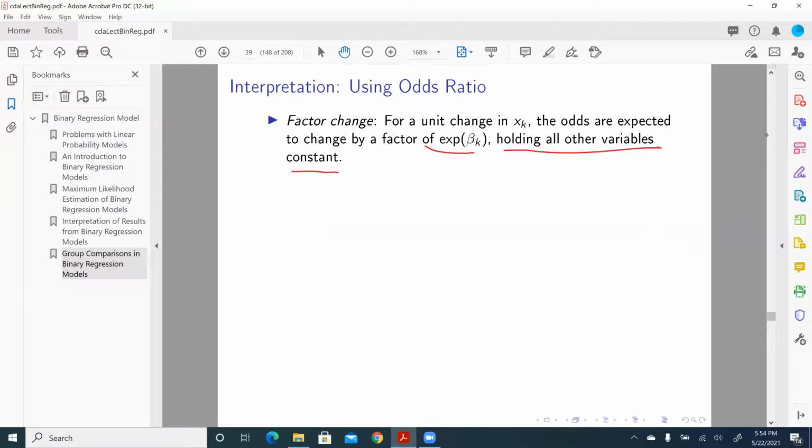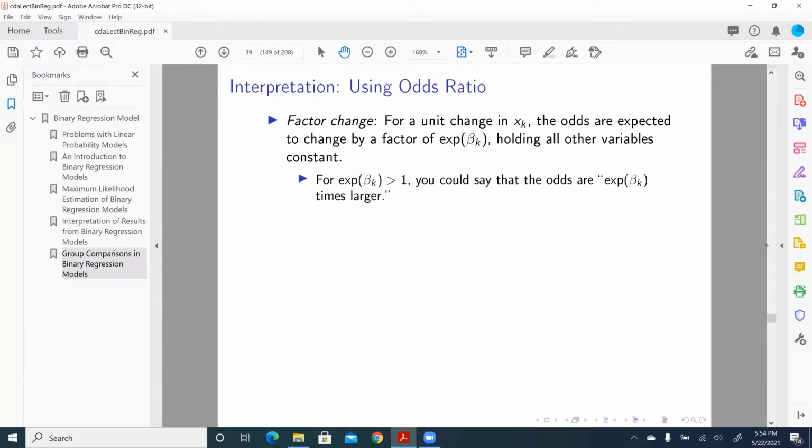And here we have 3 ways to say that: net of the effects of all other explanatory variables, or ceteris paribus. Ceteris paribus is a Latin way to say taking out the effects of all other variables.